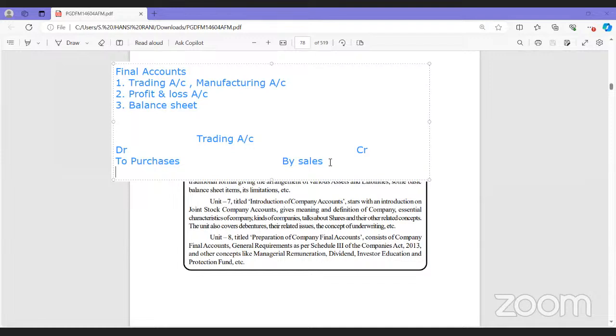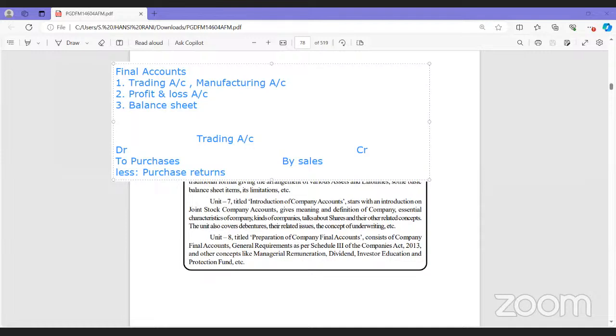That is called purchase returns. Goods are going out, so it should be written on the credit side, but instead of that, I deduct it from my purchases. These are called purchase returns.